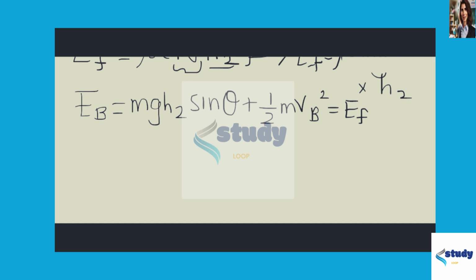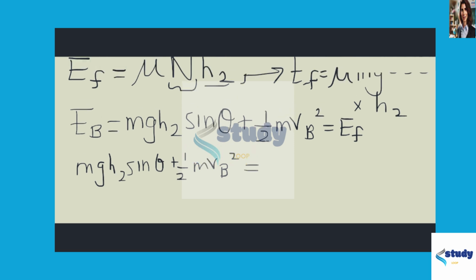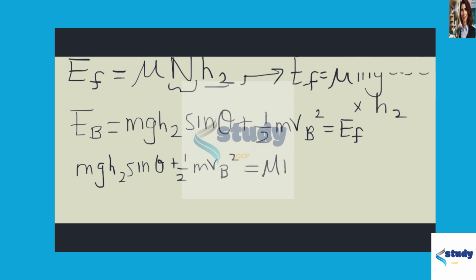So what this gives us is mgH2 sine theta plus 1/2 mvB squared is equal to mu mg cosine theta H2.